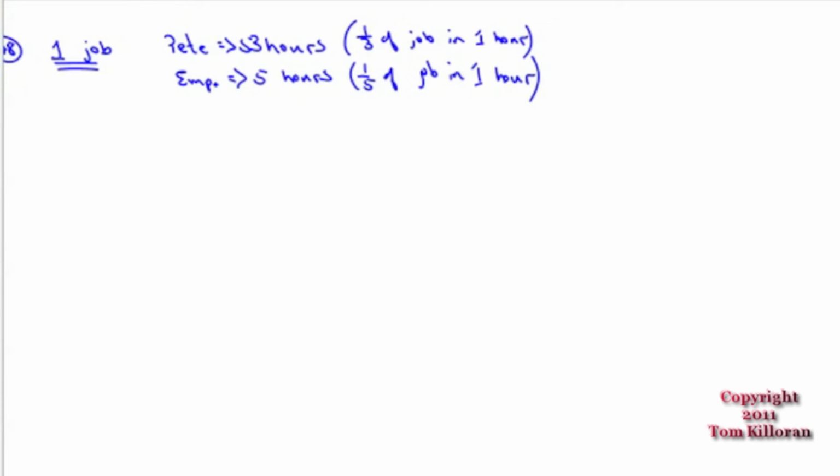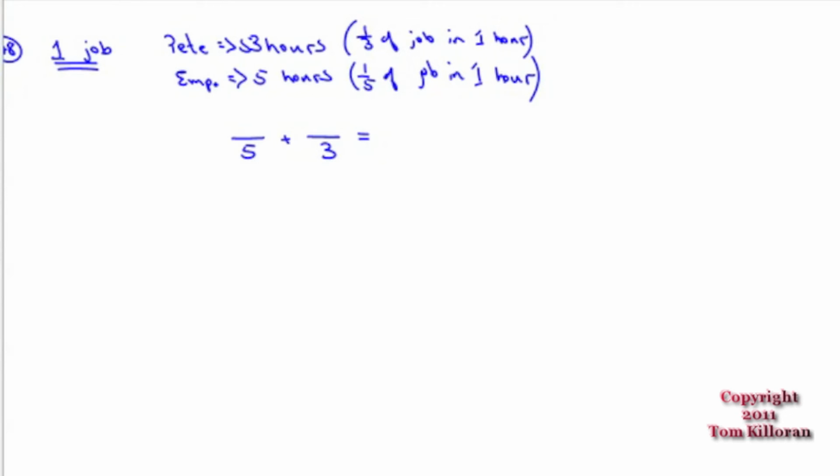Add 1/5 and 1/3. So you're going to take a 5th and a 1/3 and add them together to find out how much of the job you're going to get done. How much of the job do we want to get done? The whole job.